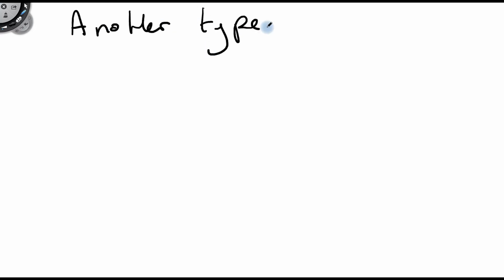But the reason we have all these coefficients a, b, c and d is because there's another type of RK scheme, and that's called the midpoint method.